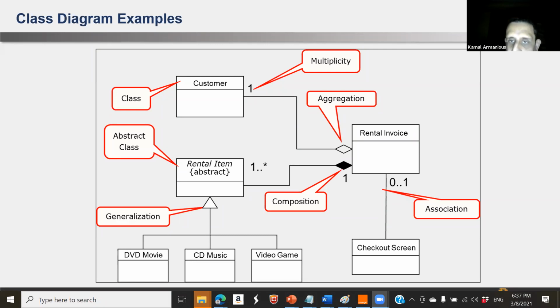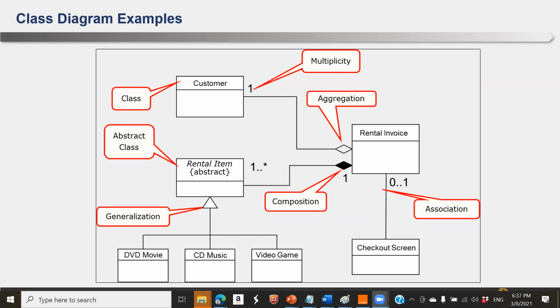Okay, that's fine. Adham, thank you, Muhammad. What's the relationship between the rental invoice and the checkout screen? Is it association, aggregation, or composition?